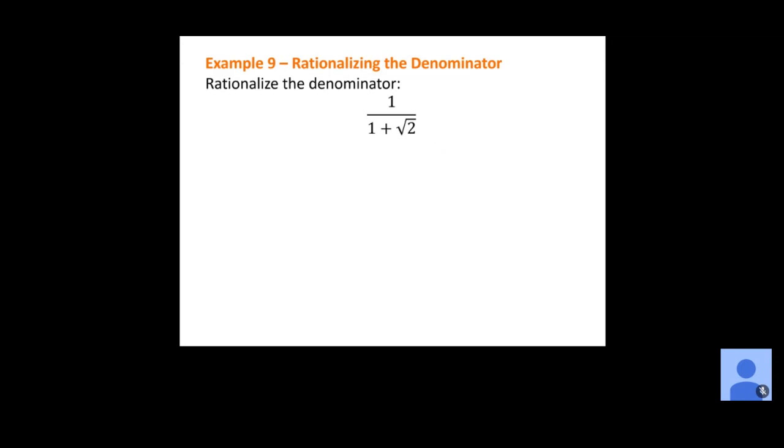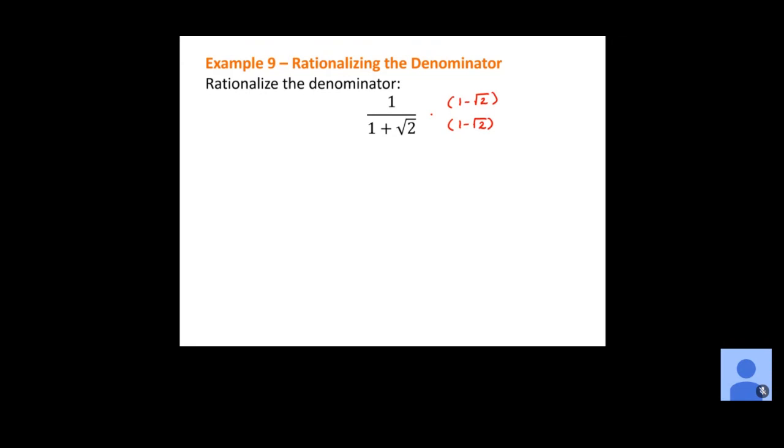What's the conjugate going to be for our denominator this time? Good. 1 minus the square root of 2. So we're going to multiply top and bottom here by 1 minus square root of 2. So again, all we've done there is switch the plus to a minus, right? The 1 stays the same, square root of 2 stays the same, and that positive becomes a negative.